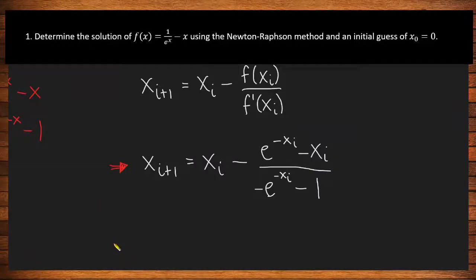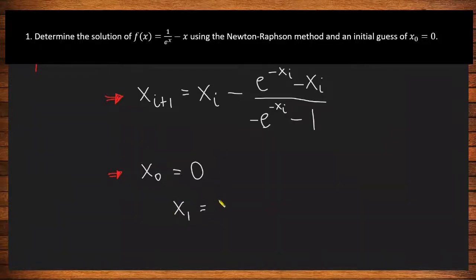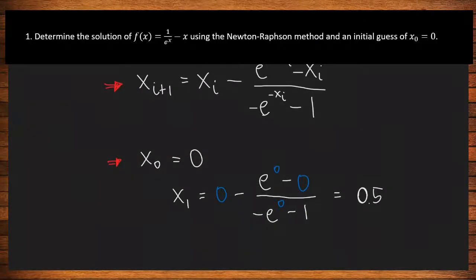Again, sabi ng problem, start with an initial guess of x equal to 0. We will simply substitute 0 into our x here, and that will give us the value for our next estimate. So our next estimate is equal to 0.5. Ngayon, ito naman yung ilalagay natin sa Newton-Raphson formula natin.